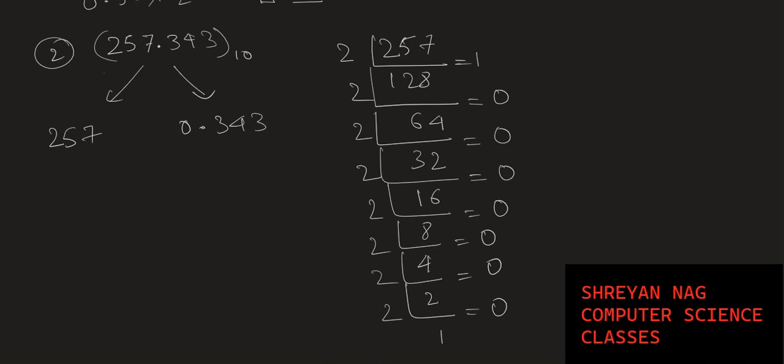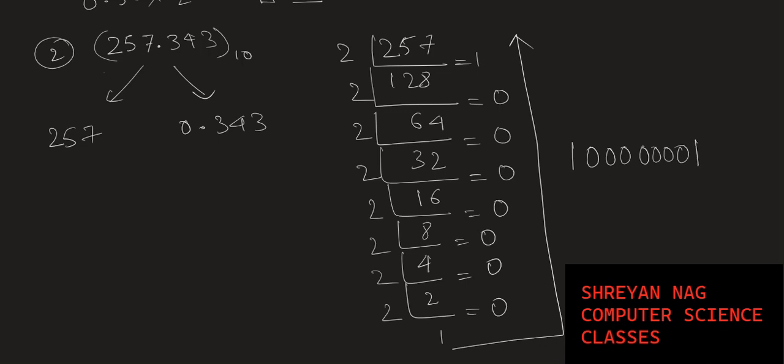From the very bottom to the top, we get 1, then how many zeros are there? Let us count: 1 2 3 4 5 6 7. There are 7 zeros and the last one is 1.